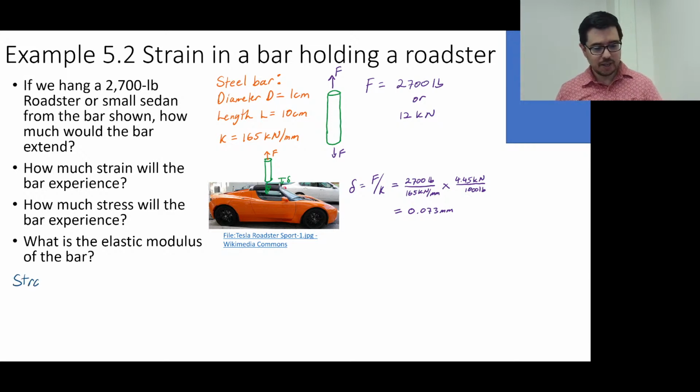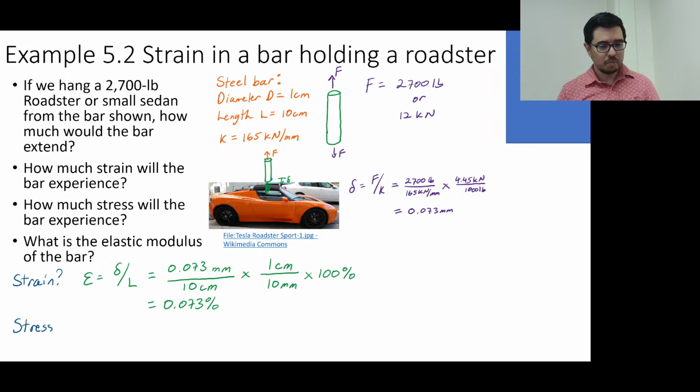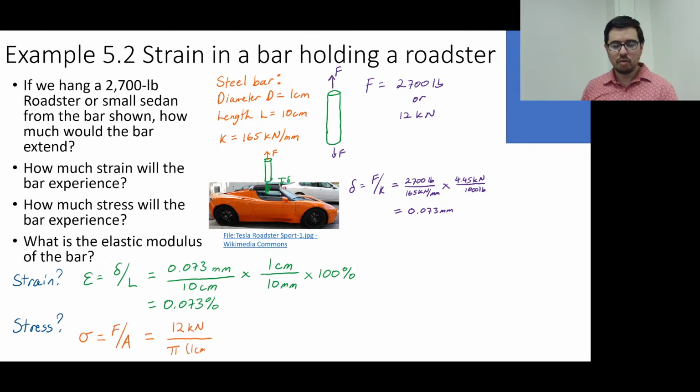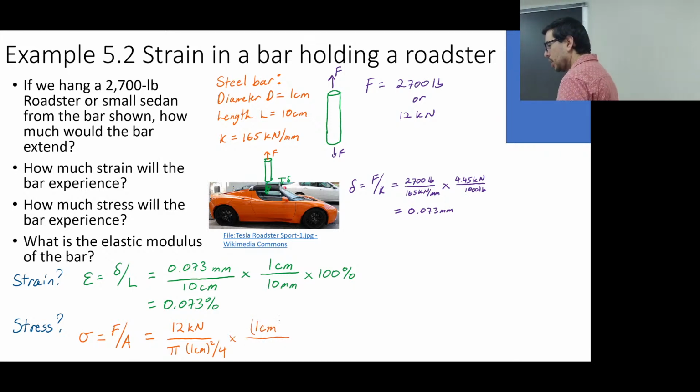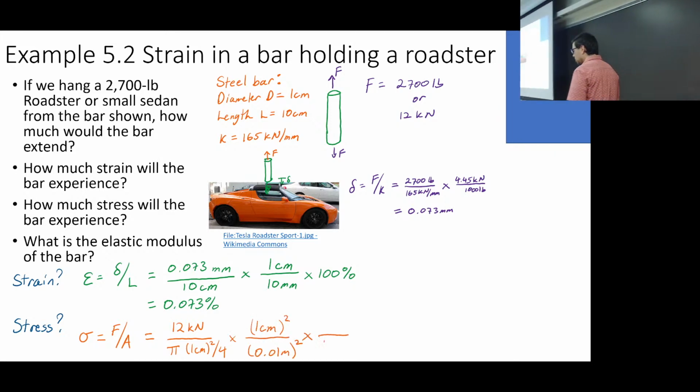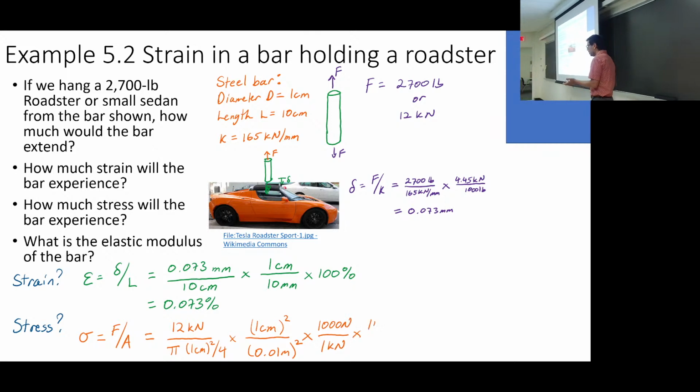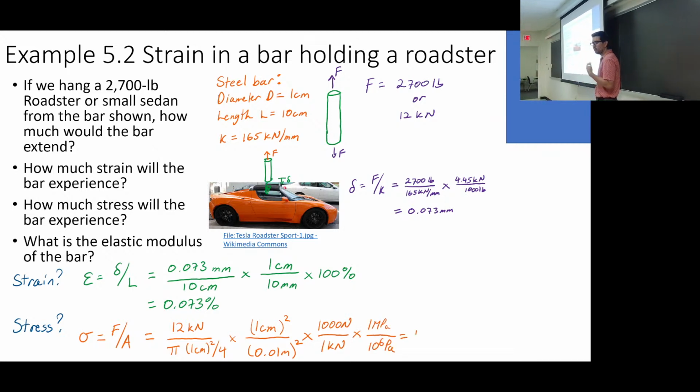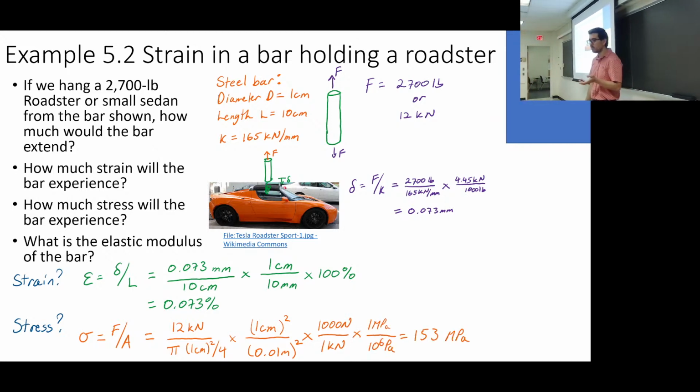All right, we've got the opportunity to think about both the strain and the stress, right? So remember, we were talking about scaling laws when we first talked about this bar hanging, or the car hanging from the bar.